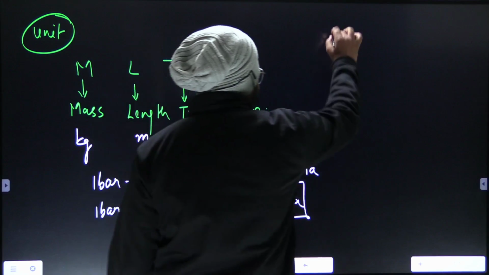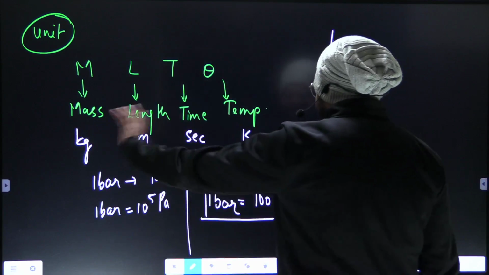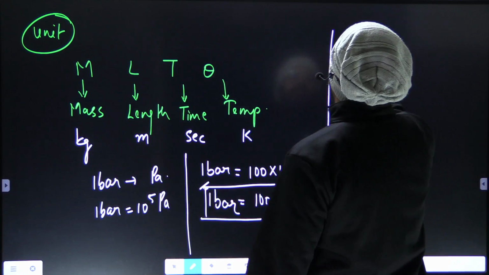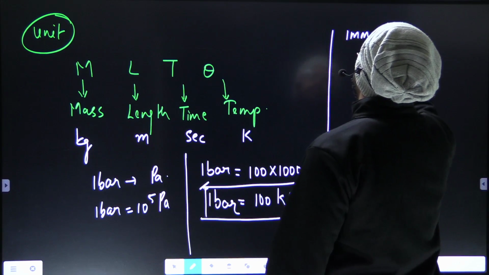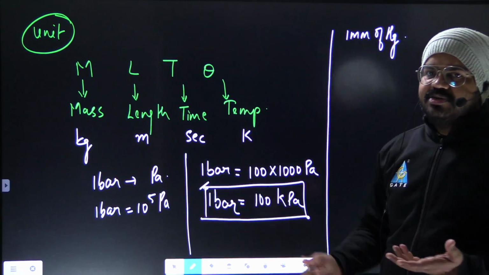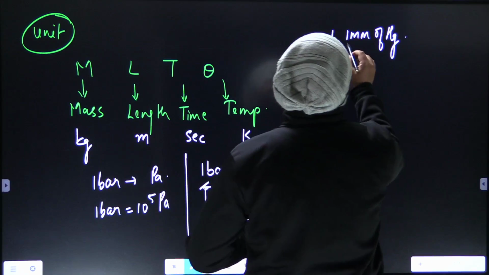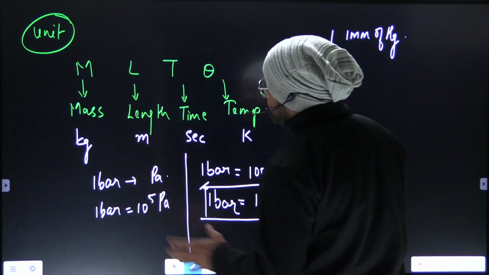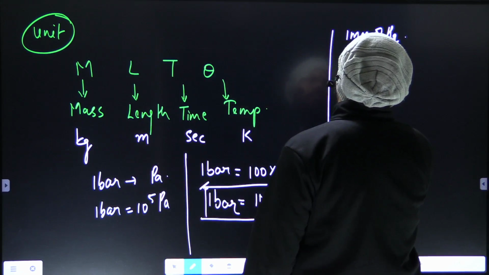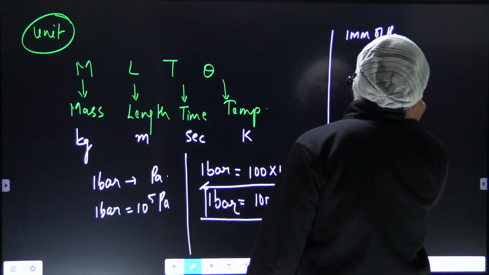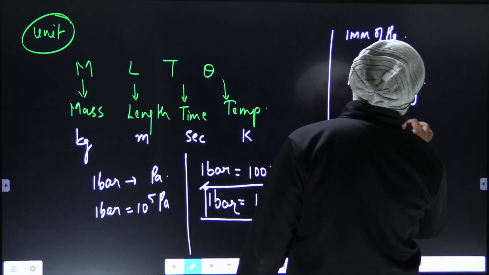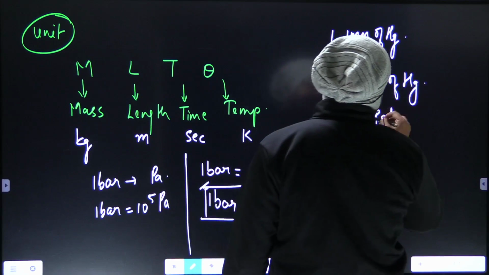No problem. I am telling you, everything else is conversion. See, 1 mm of Hg. If we are talking about pressure in terms of 1 mm of Hg, what is it? Millimeters, right? So 10 to the power minus 3 meters of Hg. Now we know the pressure formula, rho g h.